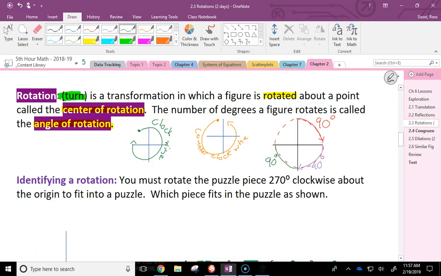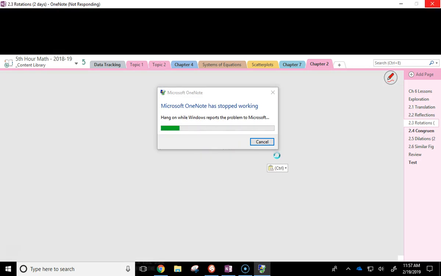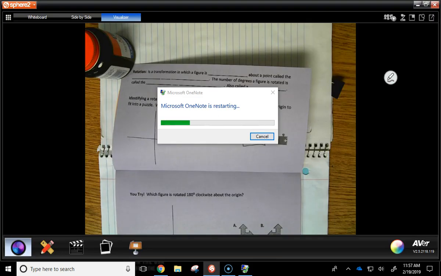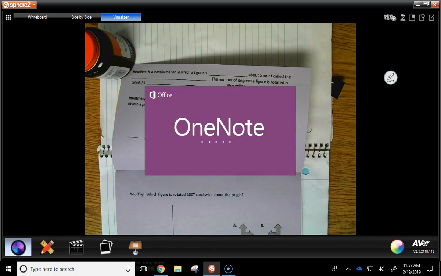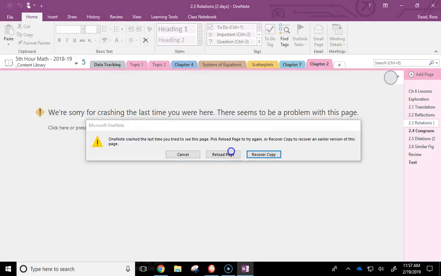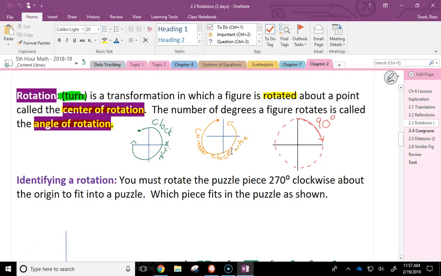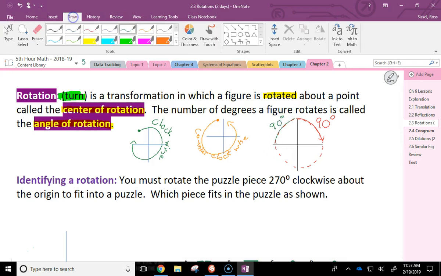What is important is that even though each one is 90 degrees, and this is why I'm having you put this on here, like our next one, we're going to ask you to go 270 degrees.